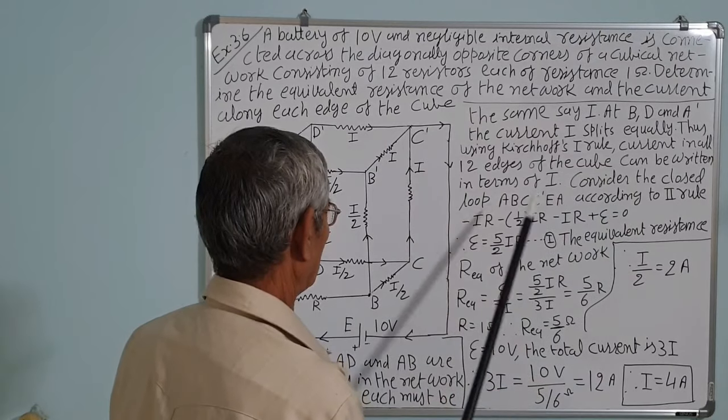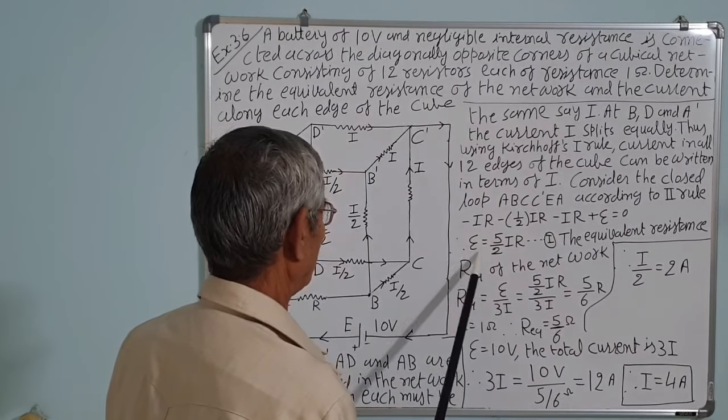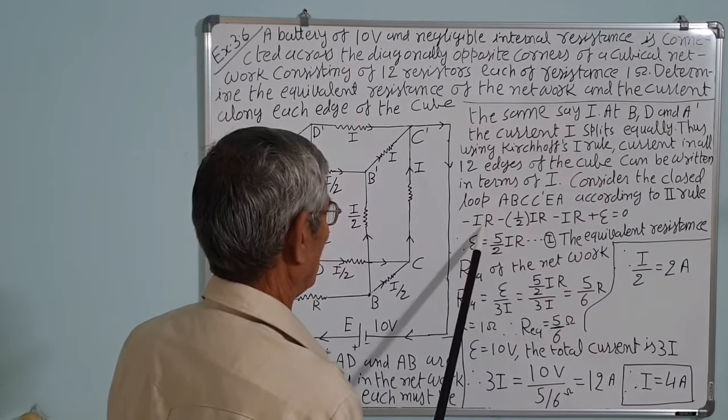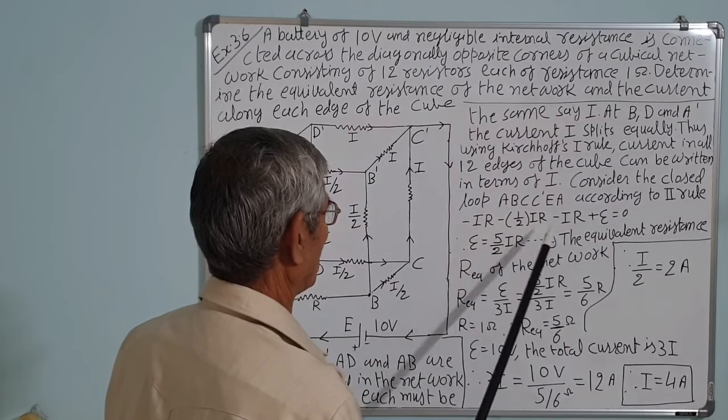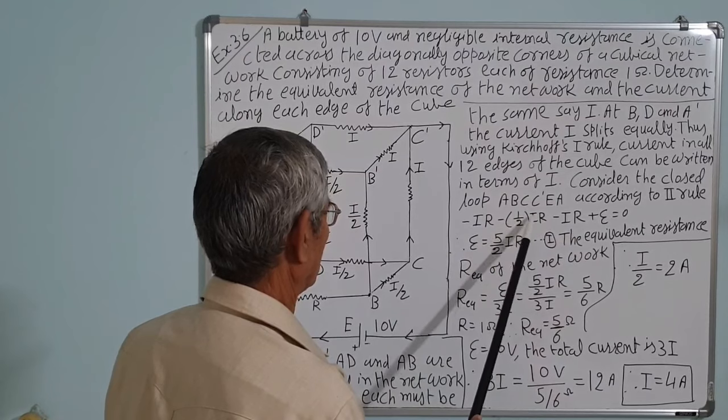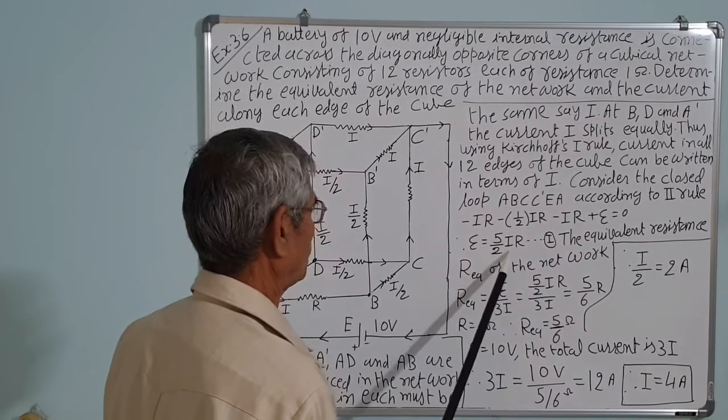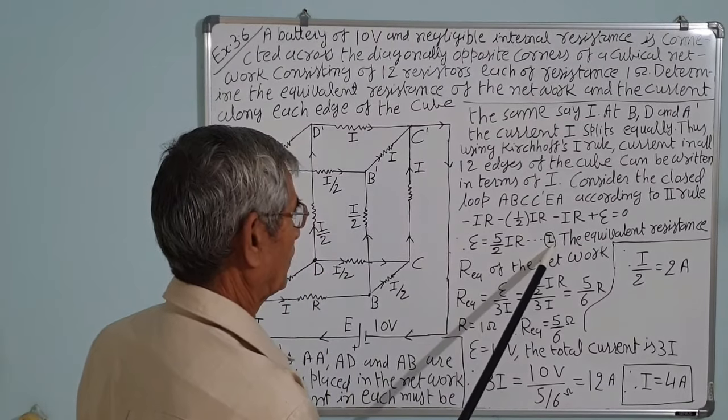That is equal to 0. Therefore, EMF E is equal to IR plus IR, this you take on this side, that will be plus. So, IR plus IR, 2 IR plus half IR, that is 2 and half IR, that is 5 by 2 IR. Say equation number 1.